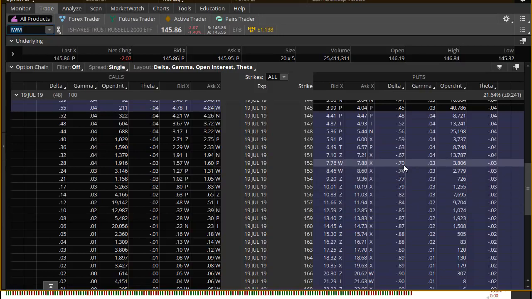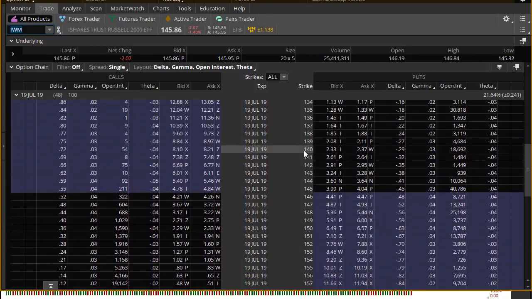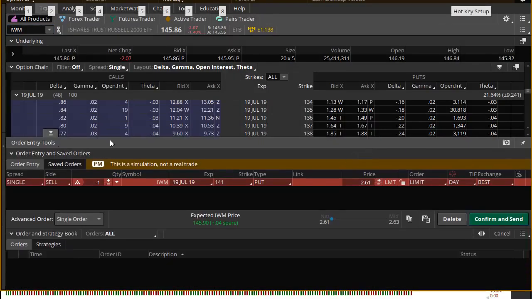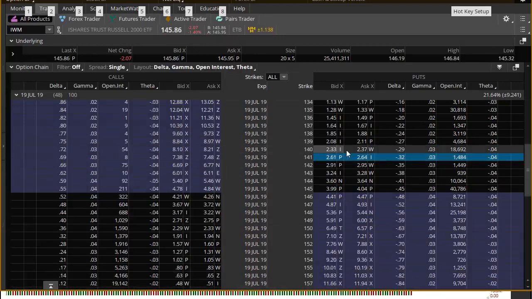Sell that option right there. Excuse me, no, not that option. I was thinking directional there all of a sudden. Come over here. Bull put credit spread is what we want, coming up off of that bottom. Okay, so we're going to look at something out here that has somewhere around 30 deltas. We're going to sell this option, and we're going to buy this option.